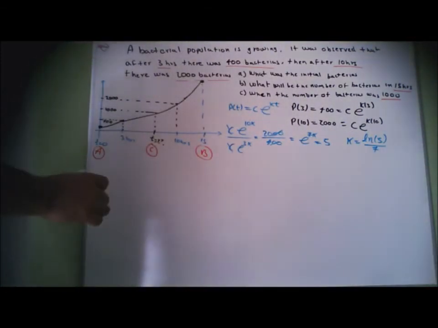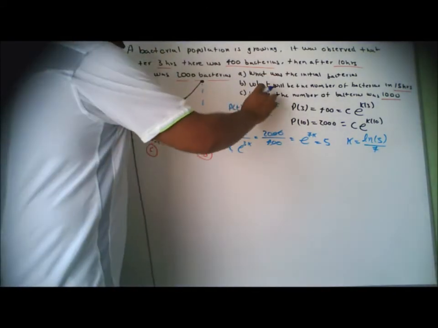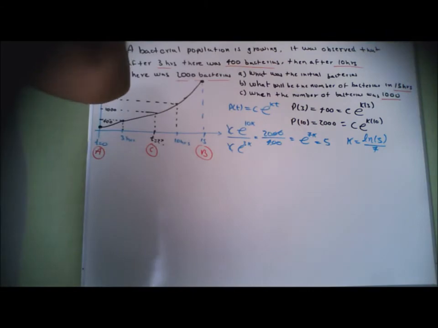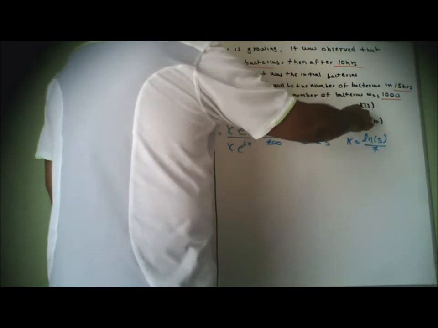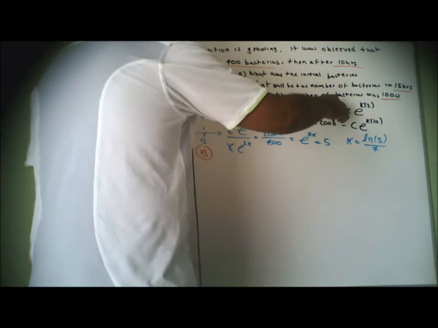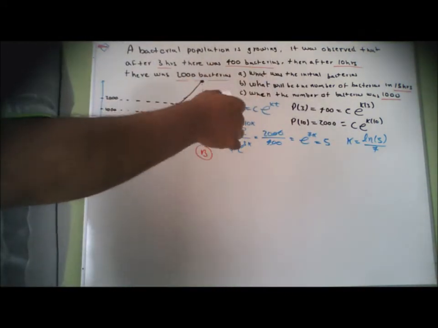Okay, so the model, well, we just calculated the value of k. What about the value of the constant c? All we have to do is replace this in this and calculate the constant. We can calculate it here or we can calculate it here. It doesn't matter because it's going to be the same constant.